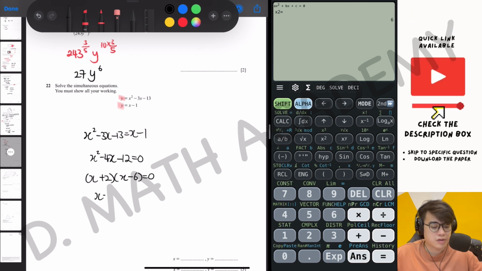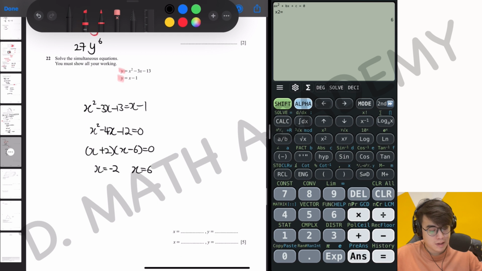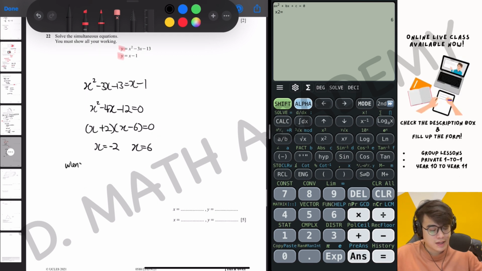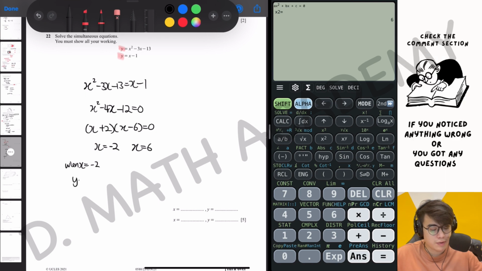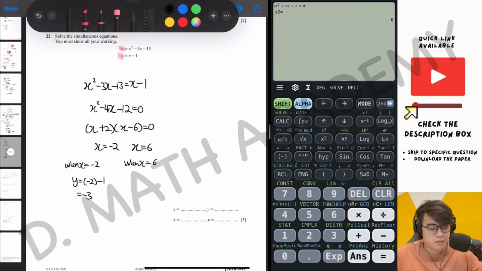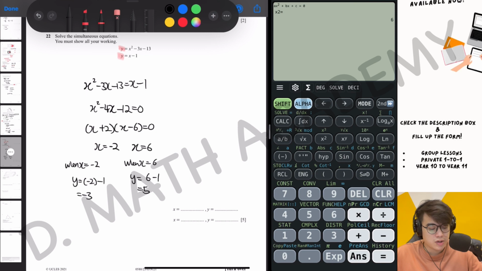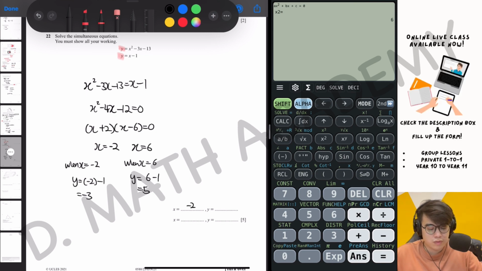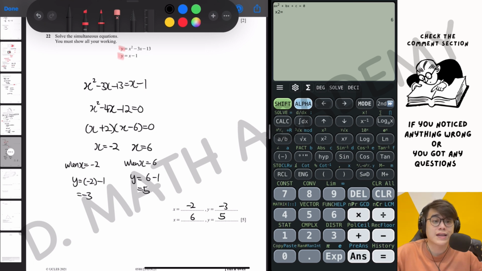So the answers will be x equals negative 2 and x equals 6. When x is negative 2, your y will be negative 2 minus 1, which is negative 3. When x is 6, your y will be 6 minus 1, which is 5. So with this, we have negative 2, negative 3, and 6, 5 as our final answer.